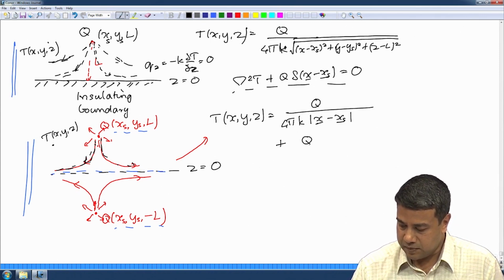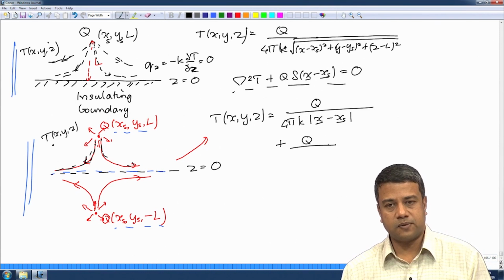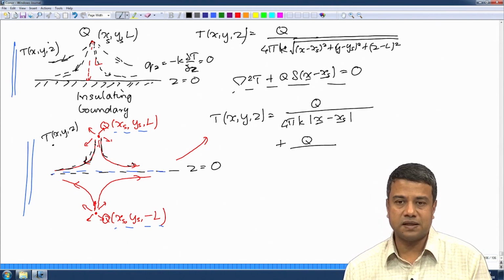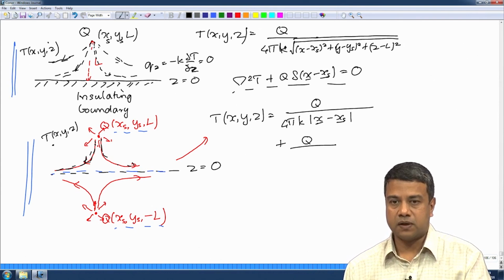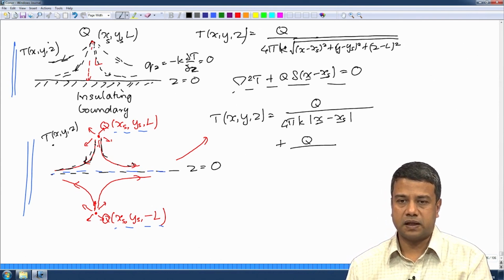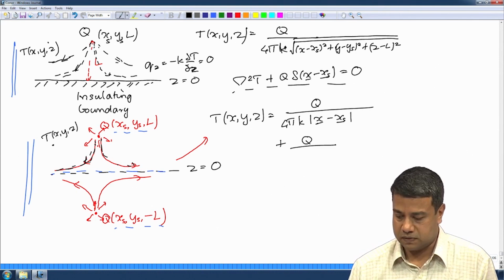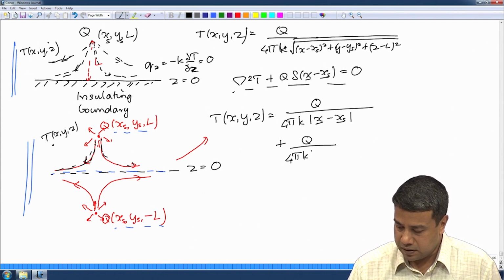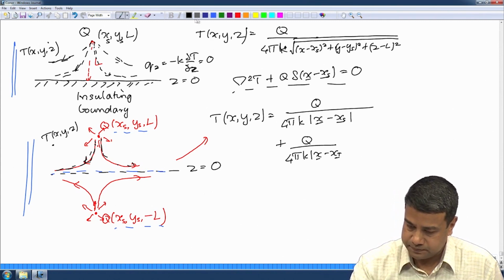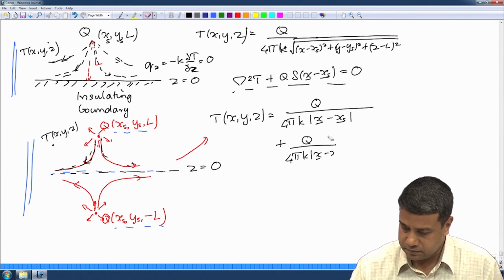The heat generated per unit time by the image is exactly the heat generated per unit time by the real source. Only then will the problem be symmetric and the flux through the surface be 0. Therefore, I have a second term which is Q by 4 pi K into x minus the image point.